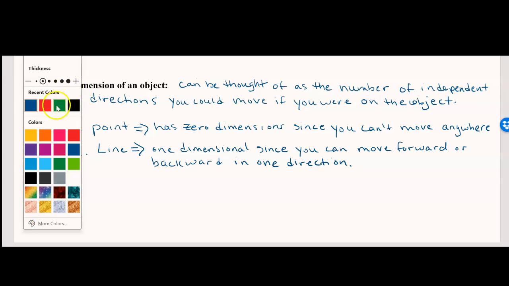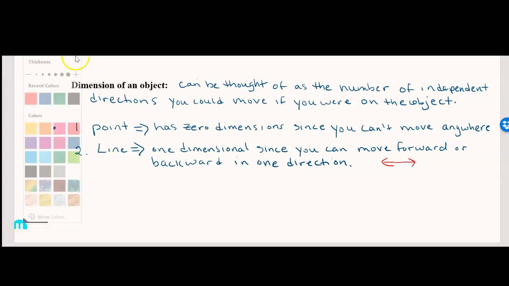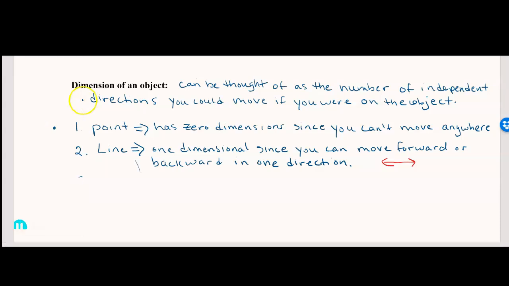Right, so think about what we looked at before when we were looking at a line. You can move forward or backward, but it's just in one direction only. That's it.